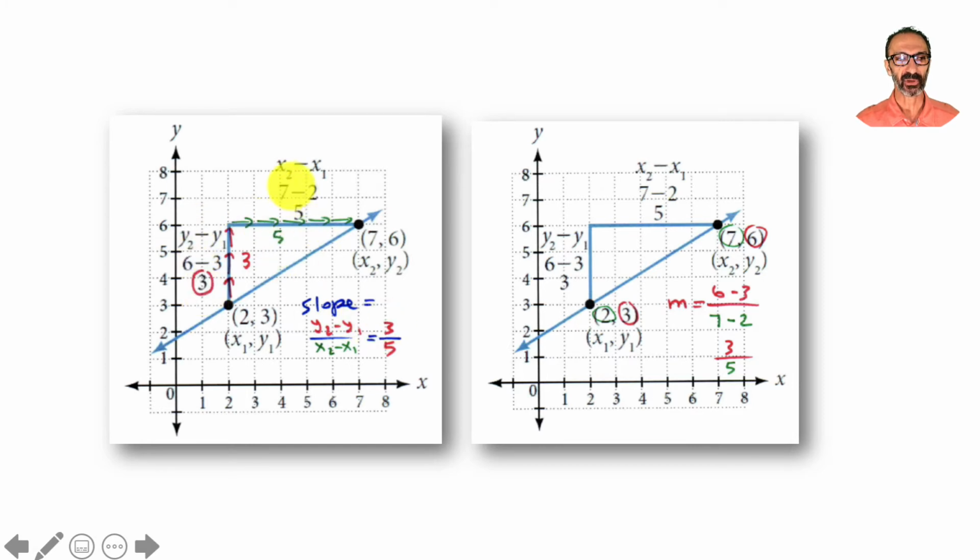And running will be x2 minus x1. That's my x2. And that's my x1. 7 minus 2 goes at the bottom side, which is 5. So it's 3 over 5. And you could just do the math this way, putting the numbers right here. 6 minus 3 over 7 minus 2. 3/5.